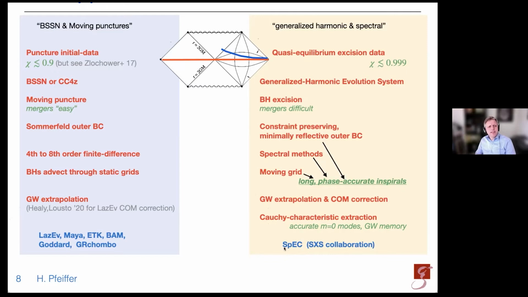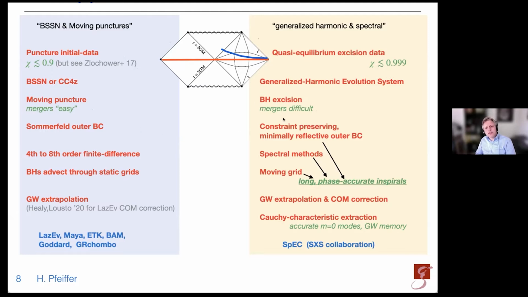I'm also highlighting here a few rather important features of the two approaches in green, the most distinguishing features. Because of the choice of initial data on the left-hand side, spins are generally limited to being less than 0.9. The right-hand side can do 0.999. On the left-hand side, because the singularities remain on the grid, it turns out mergers are very, very easy to accomplish.